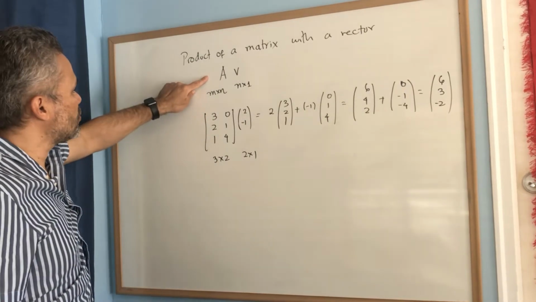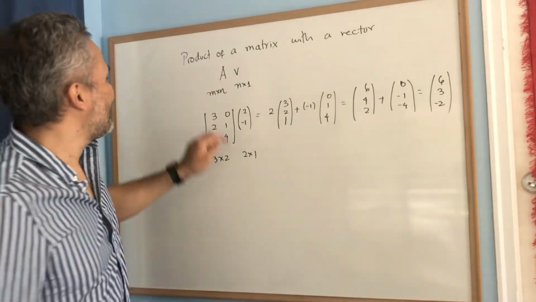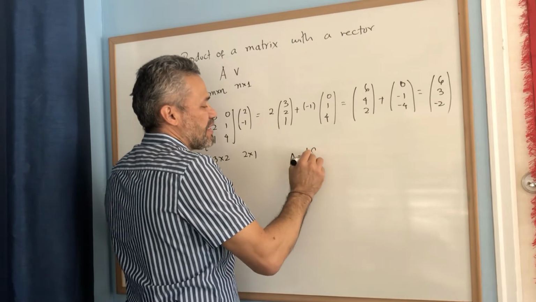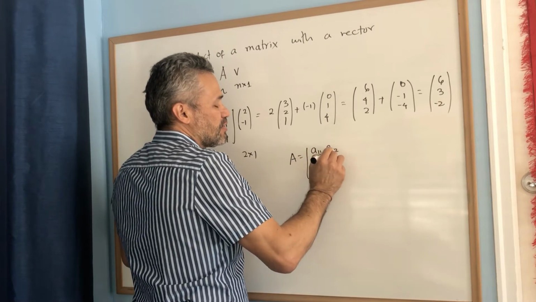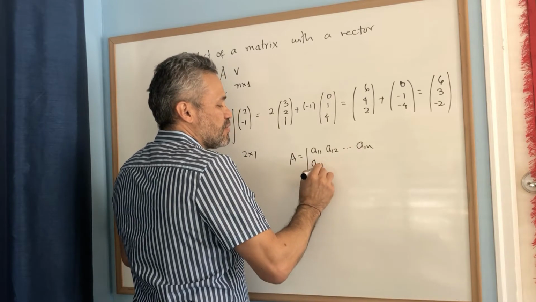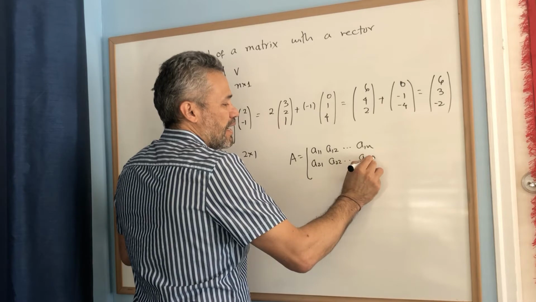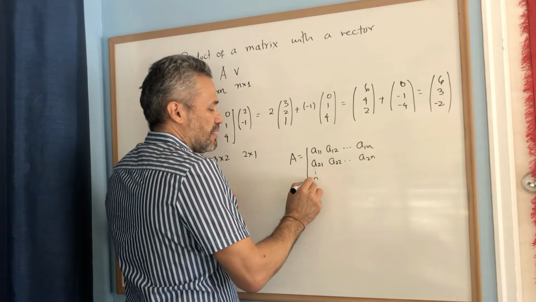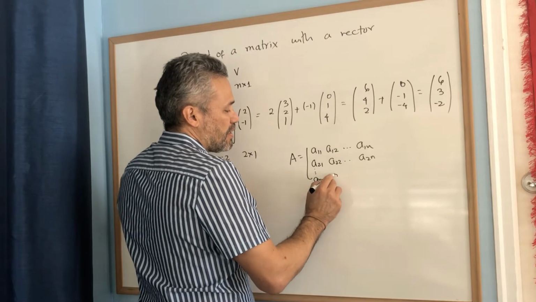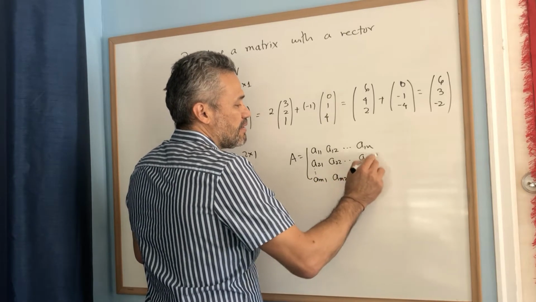In general, if we have a matrix A of dimension m by n, with entries A11, A12, up to A1n, then A21, A22, up to A2n, and then the last row would be Am1, Am2, and then Amn.